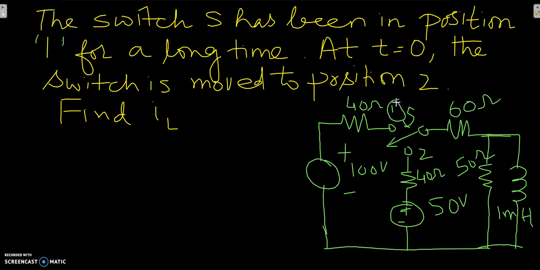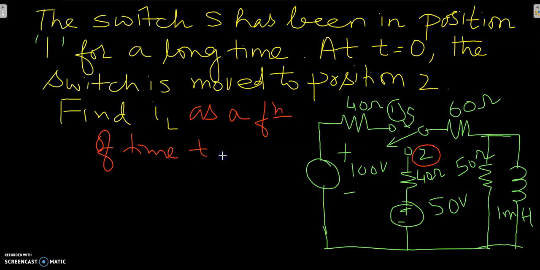This is your position 1. At time t equals 0, the switch is moved to position 2. This is your position 2. So the question is, find IL as a function of time t.